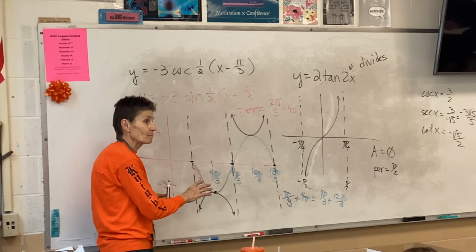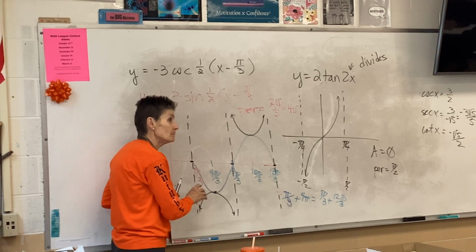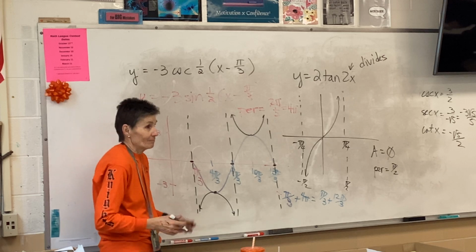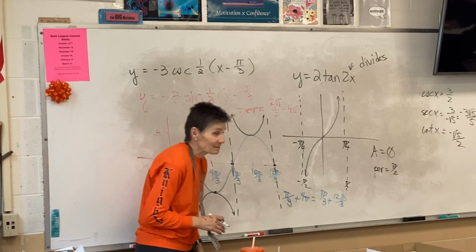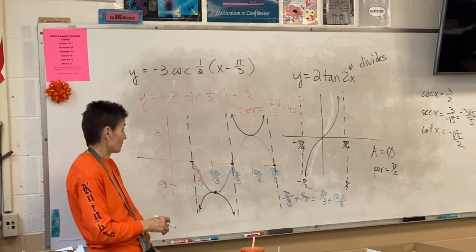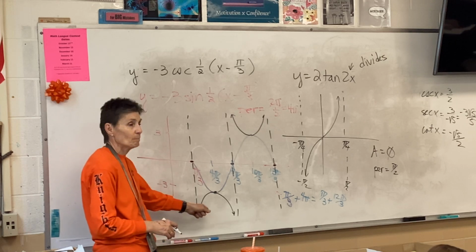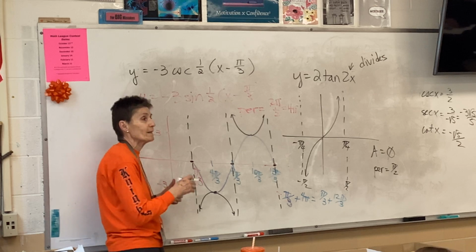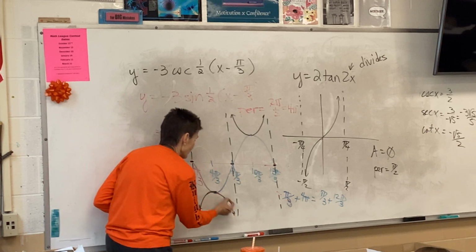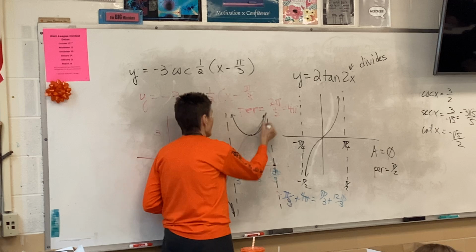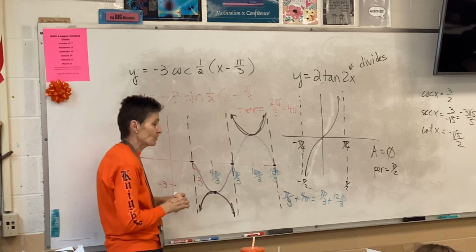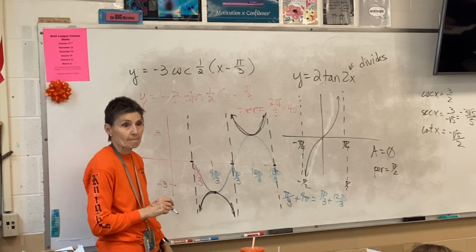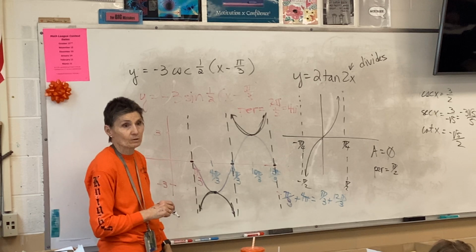I like to do it in color so I can tell what's what. If you're doing it with your pencil, just make sure this is darker so I know that's your actual answer. The rest of the stuff just helps me get there. On the test, are we allowed to use a different color? Absolutely.